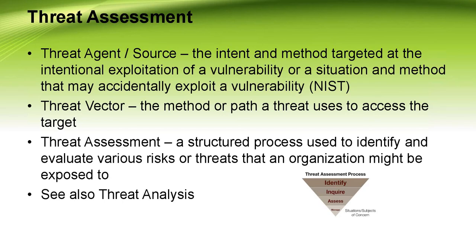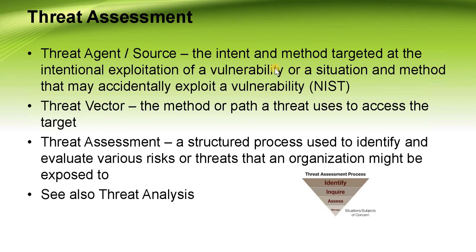Determining the probability of attack by human threat sources is difficult. Threat source likelihood is assessed using skill level, motive, opportunity, and size. Vulnerability likelihood is assessed using ease of discovery, ease of exploit, awareness, and intrusion detection.